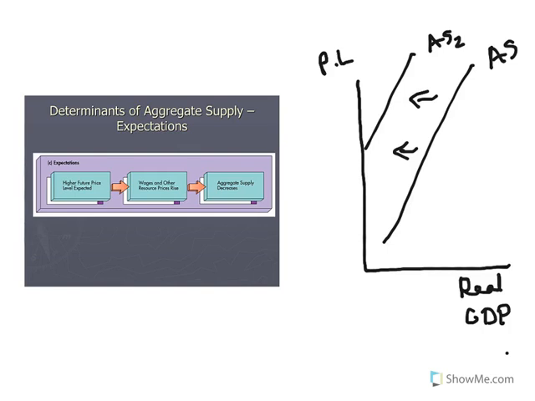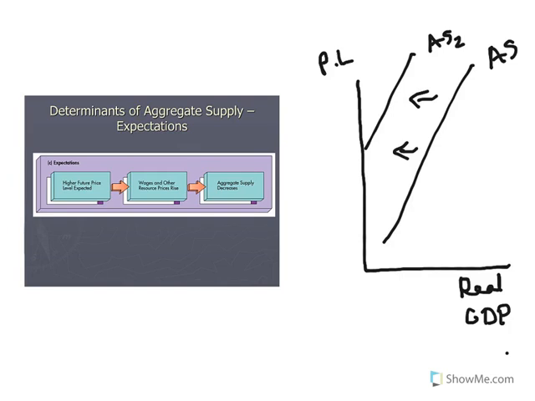But again, if the firms are just negotiating increases in wages for their employees, however, those price levels don't go up, then the price level remains constant. The firm is paying more for their resources, which is why your aggregate supply curve would decrease like so. So again, the expectations of the firm can actually cause aggregate supply to change.